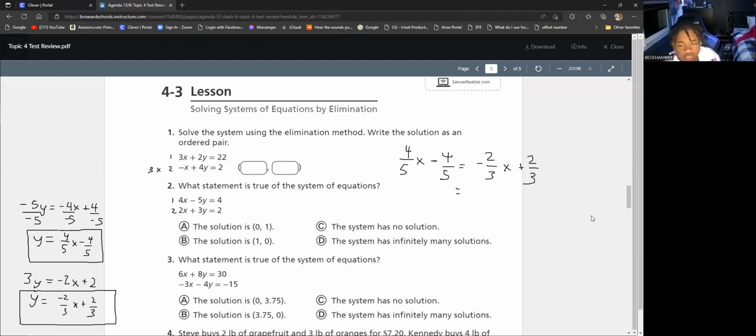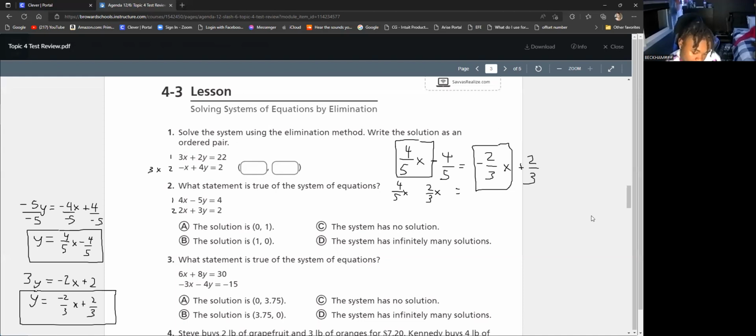So what are we going to do here? 4 over 5x. Is it going to be plus 2 over 3x or minus 2 over 3x? This right here and this right here are like terms. We want to put them together. So what sign goes here? Plus 2/3x.